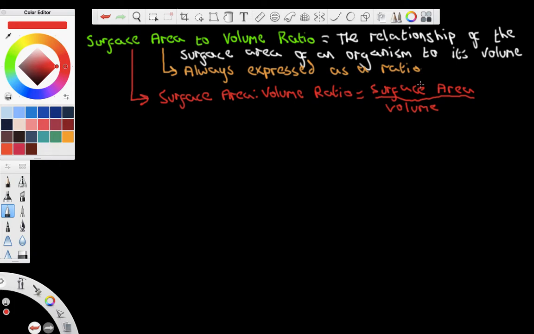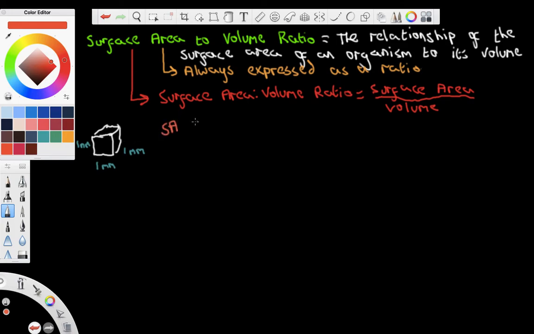So let's have a look at an example, okay? We're going to use the same sizes we used before. So we're going to start with a cube that is 1 millimetre by 1 millimetre by 1 millimetre. We've already said earlier that we can work out our surface area. I'm going to use a different colour for each one.